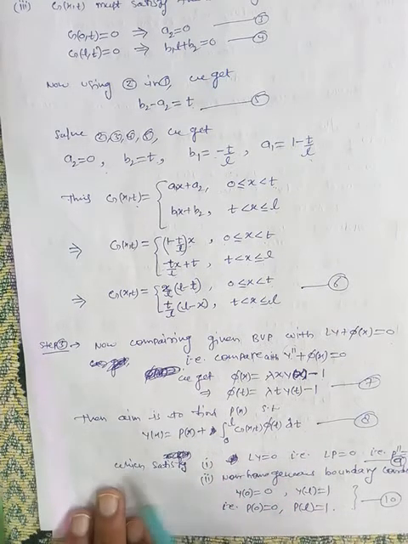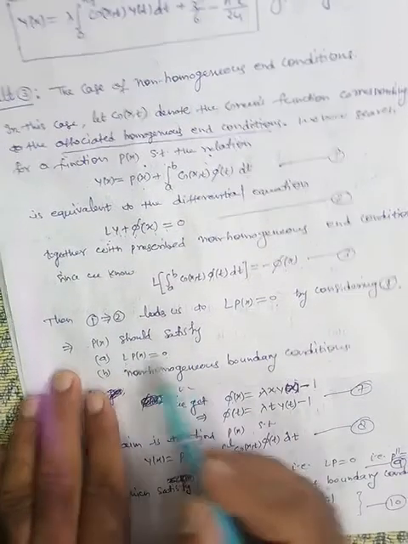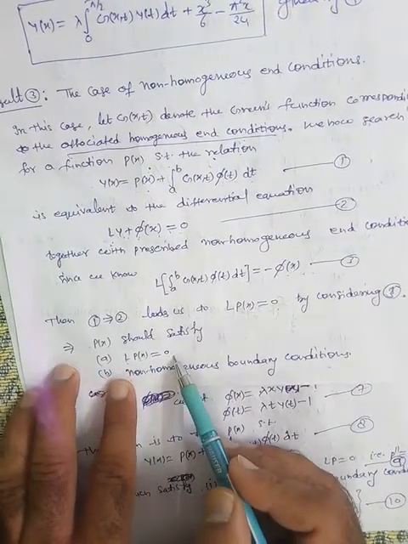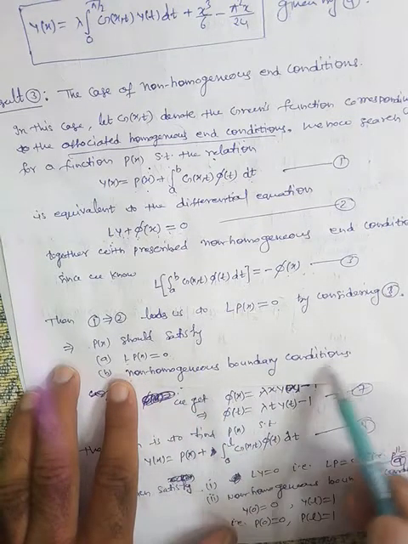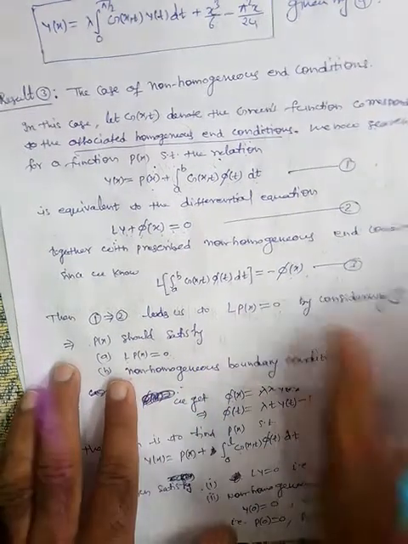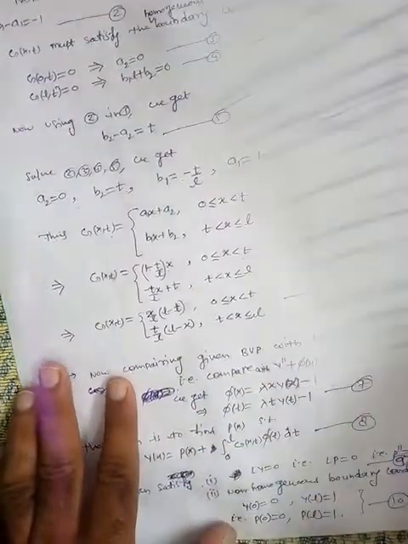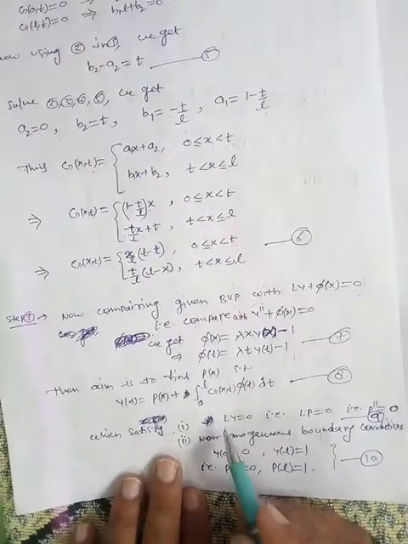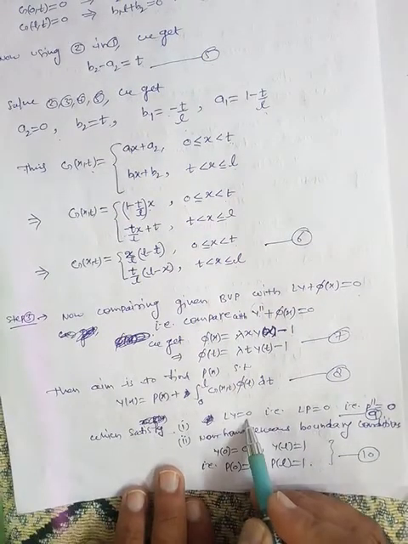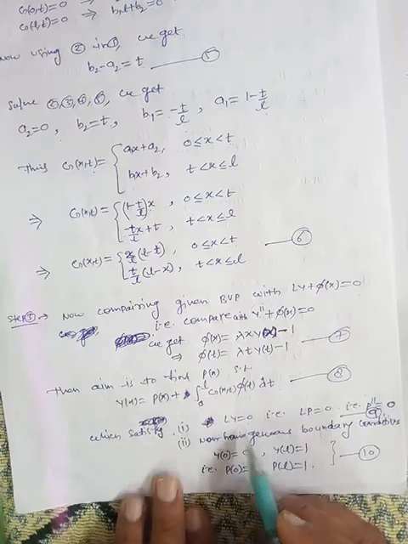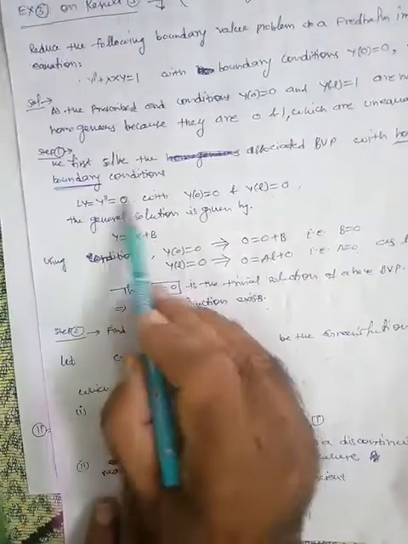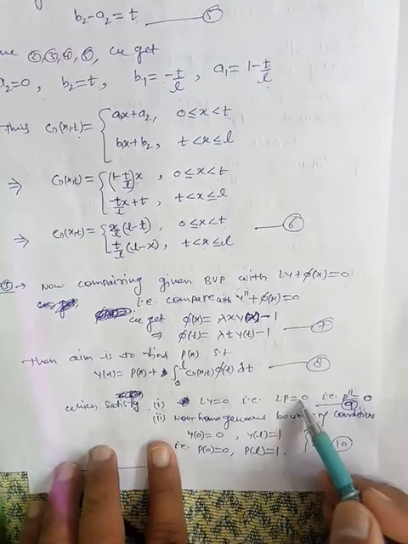Now this p(x) will satisfy the first condition. If you remember, p(x) should satisfy this condition: L of p should be 0, and it should also satisfy the non homogeneous boundary condition. So we will use these two conditions. Since Ly is equal to 0, the homogeneous condition we had taken, it will satisfy this, so Lp is equal to 0.